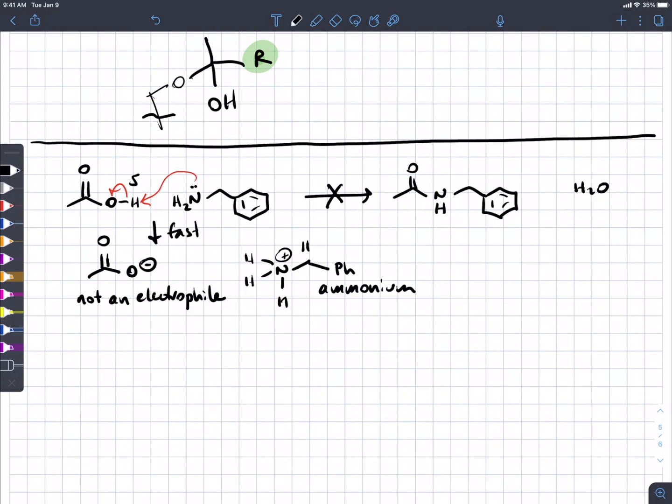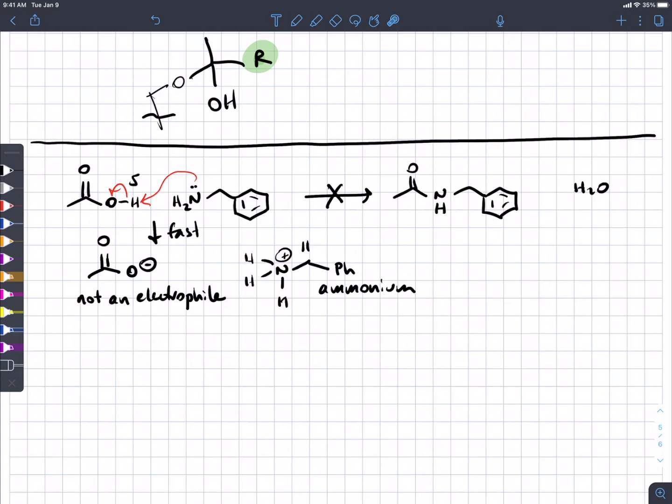You're sort of dead. Your text points out that in some cases you could take this mixture of the carboxylate and the ammonium and heat them to really high temperature, and then they might spontaneously form the amide and release water. I have never done that reaction. I don't think it works for most carboxylic acids and amines, especially not for complicated molecules where elevated temperatures like 300 C are a problem, right?